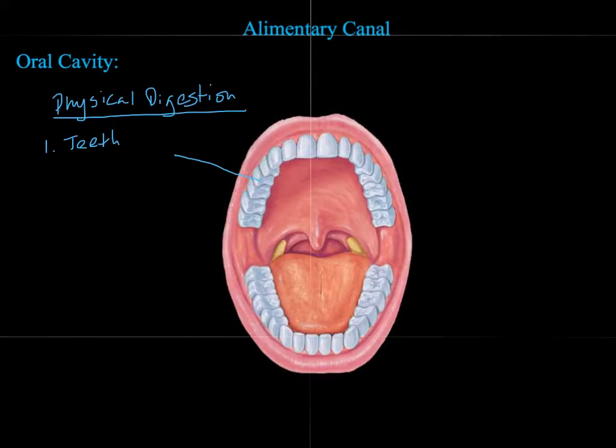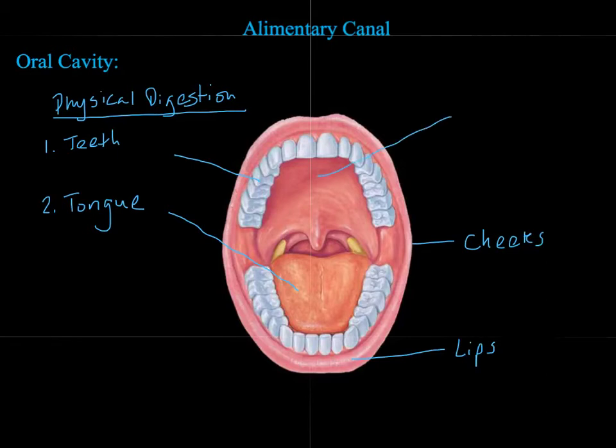Next, you have the tongue, which is responsible for the churning of the food, mixing it up. Then you have lips, cheeks, the hard palate, and soft palate, which holds the food in the mouth.